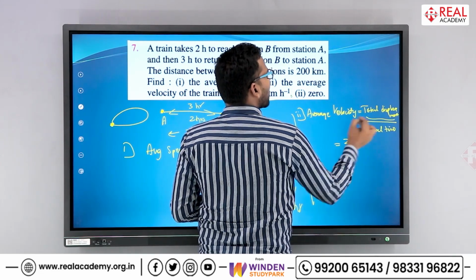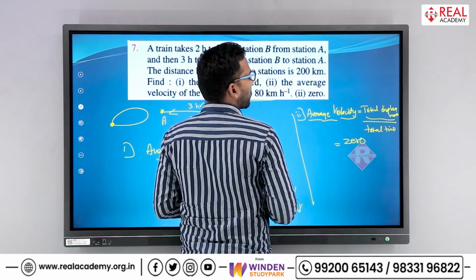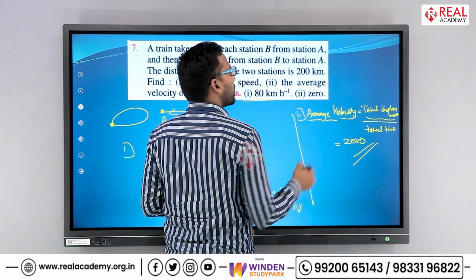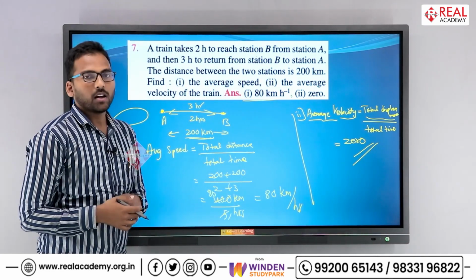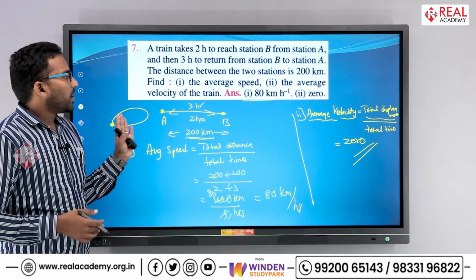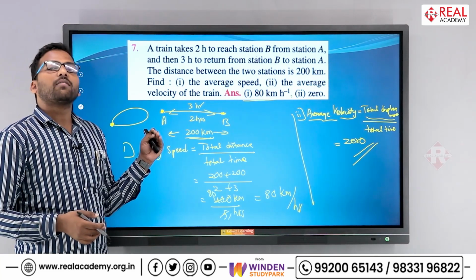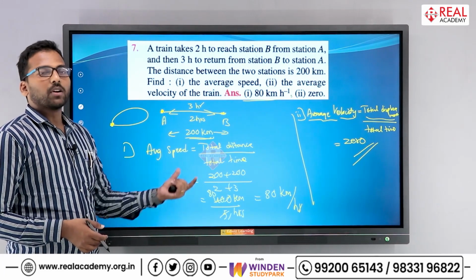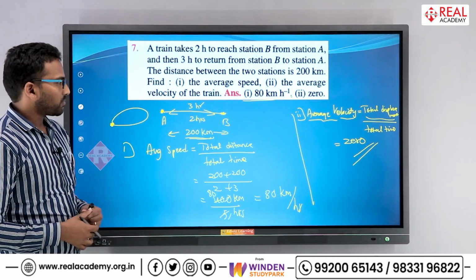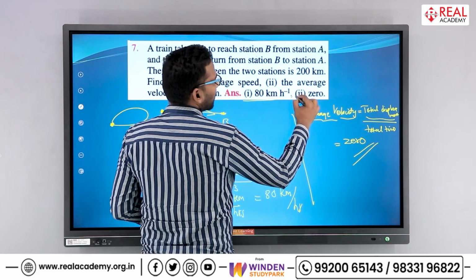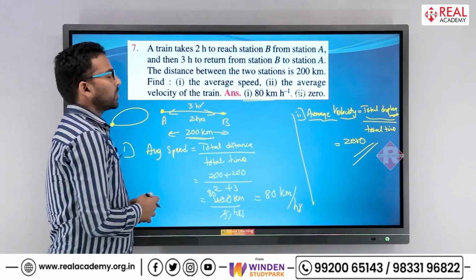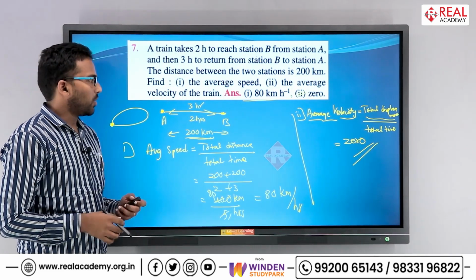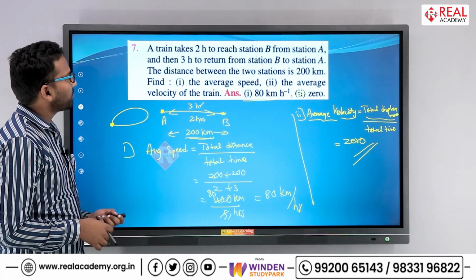And once the displacement is 0, how much will be the average velocity? 0 only. Right? Because it seems that it haven't traveled, because the initial and final position is same. So the answer is 0. Clear with this? Okay. Chalo, next sum.